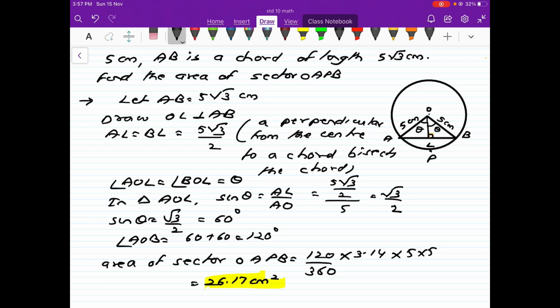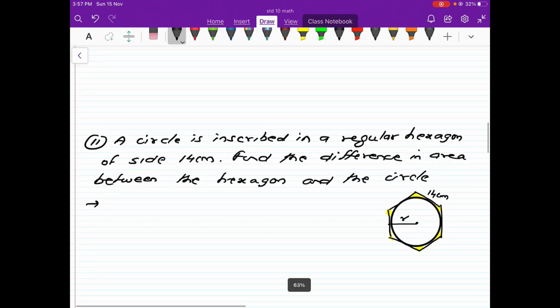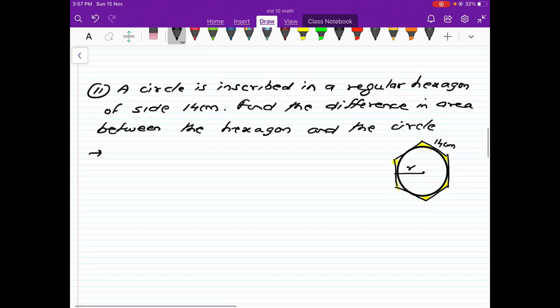Now we'll go for the 11th sum. A circle is inscribed in a regular hexagon. Find the difference in area between the hexagon and the circle. Here we have been given that you have to take pi as 3.14 and the value of root 3 you can just take as 1.73.